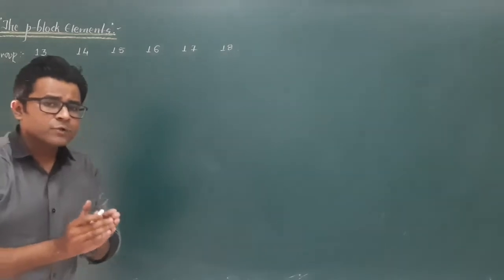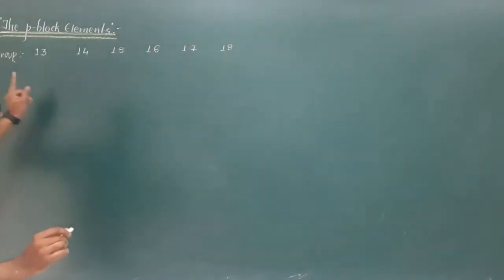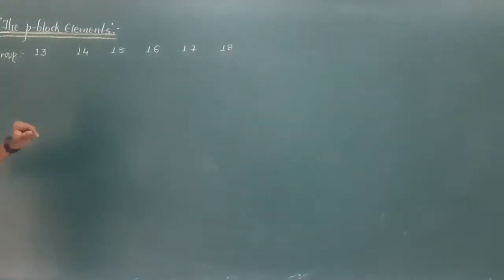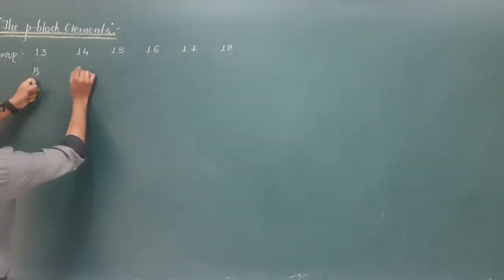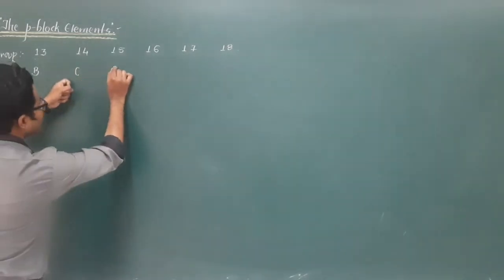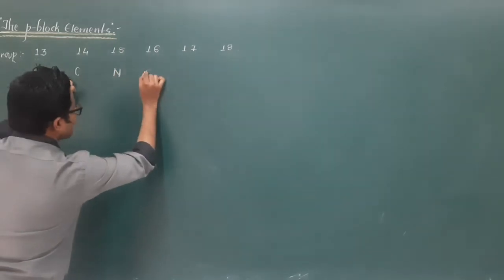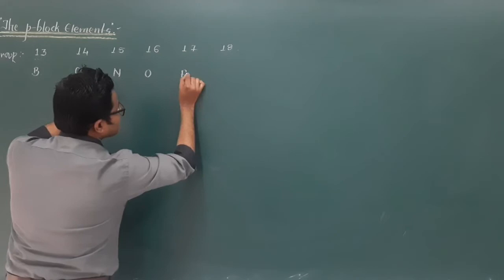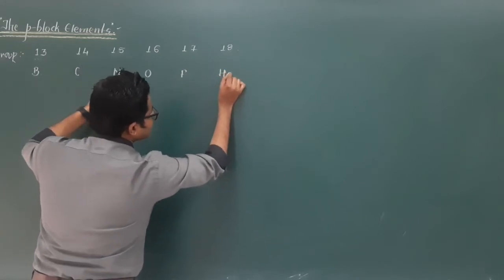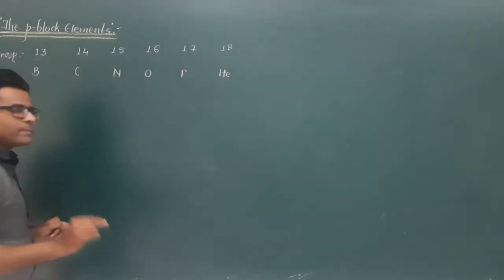Now, let's observe the first element of each of these groups. Starting with group number 13, we have the boron family, followed by carbon, nitrogen, oxygen, and halogens. Halogen starts with fluorine, and over here it starts with helium actually. Helium will be on the top.